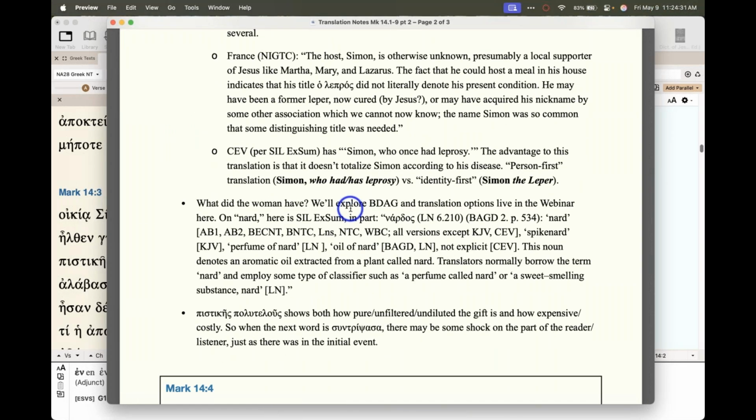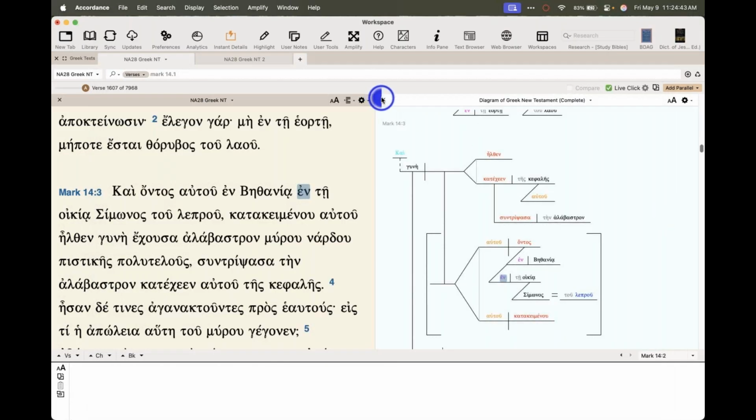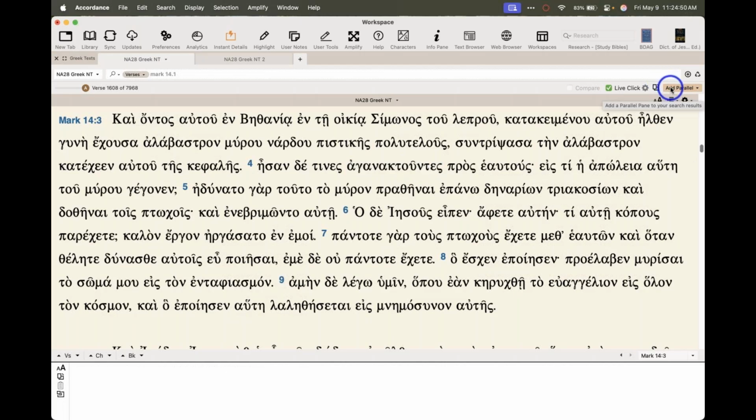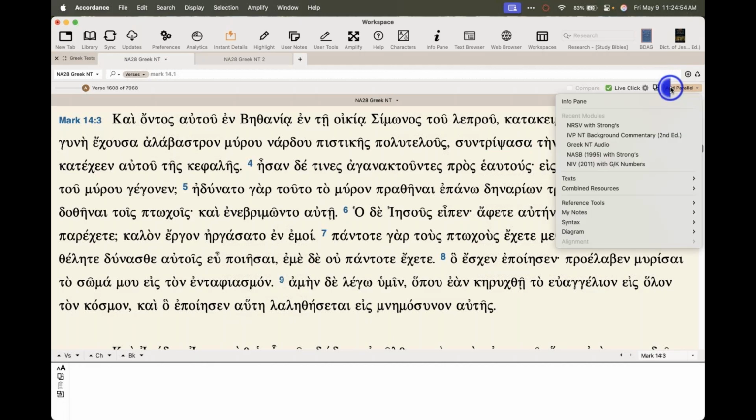Well, this is where there are a number of different translation options, and BDAG will be helpful here. Your commentaries will be helpful. Logos will be helpful. I think one question is, again, will our readers or listeners, or even ourselves as we look at our translation later, know what the English words mean?